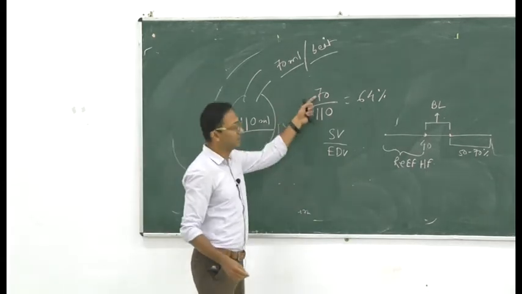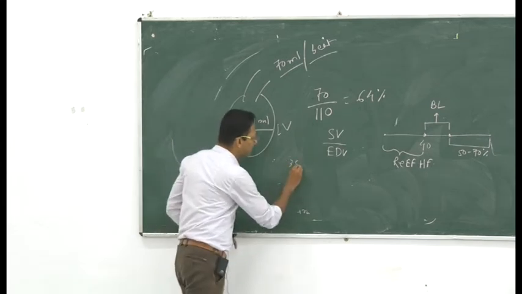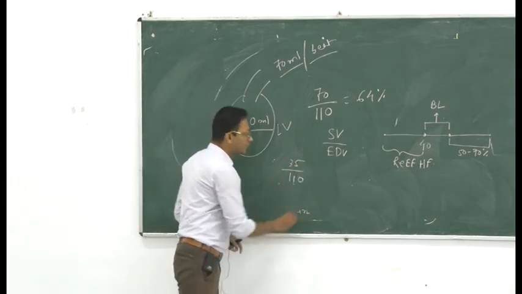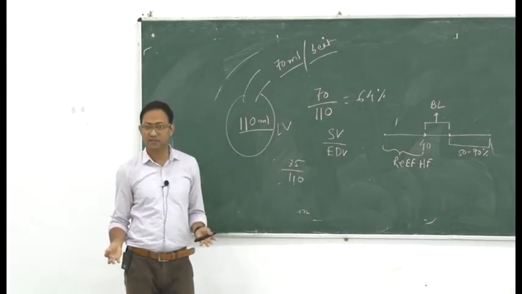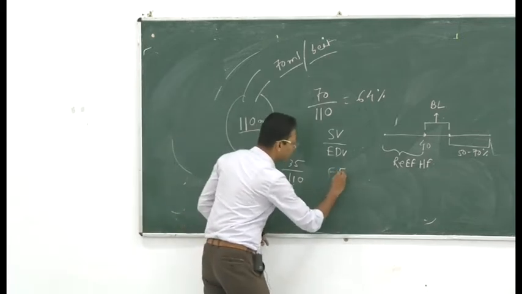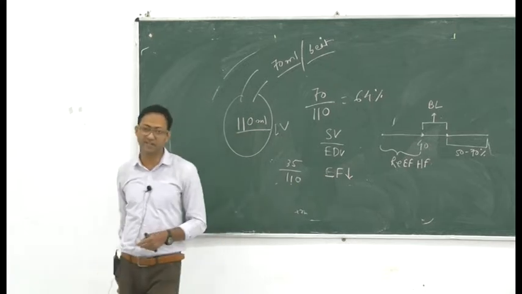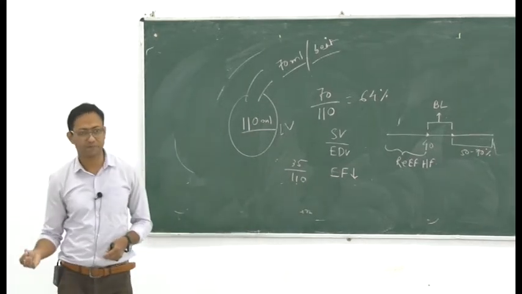Instead of 70 ml, it is pumping only 35 ml. So ejection fraction is reduced. We will call it reduced ejection fraction heart failure, right?